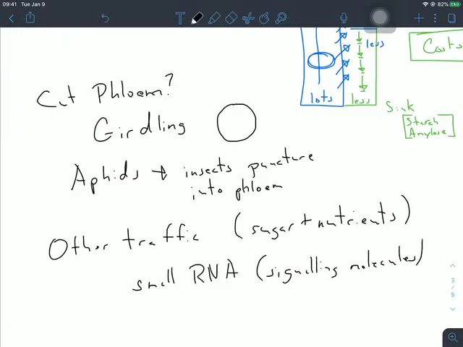Funny story about that is I actually had a professor in graduate school who, despite the fact that this is a well-established field of research, just didn't believe it existed and marked me wrong on one of my exams. I was totally confused as to how I was supposed to answer that question when his question was literally to identify the molecules that move through the phloem, and I mentioned small RNAs, and he said, yeah, I know it's out there, but I don't believe it, so you're wrong.